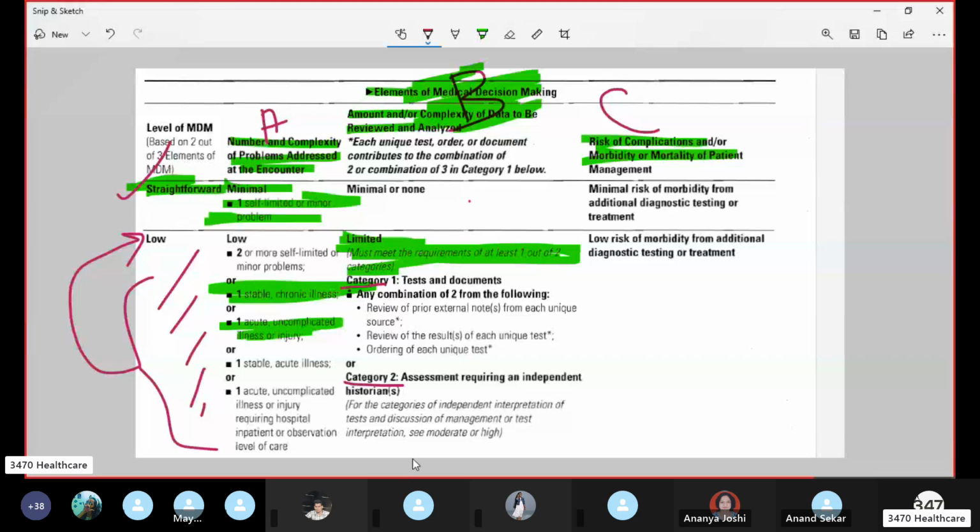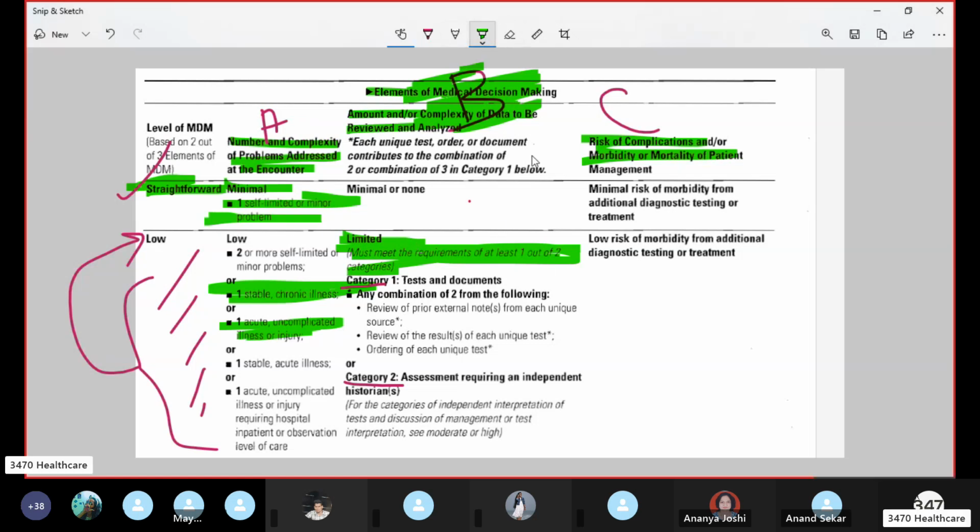Please read once this category 1 and 2. I will explain. So category 1 and 2.